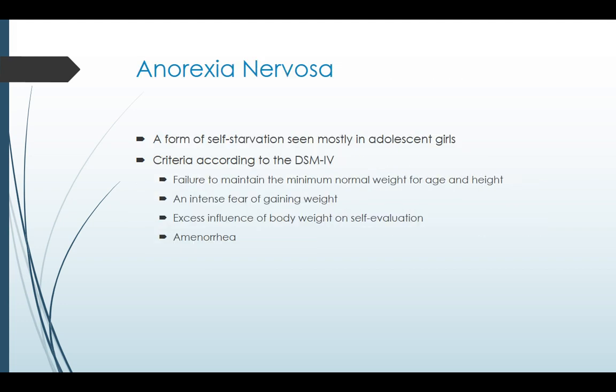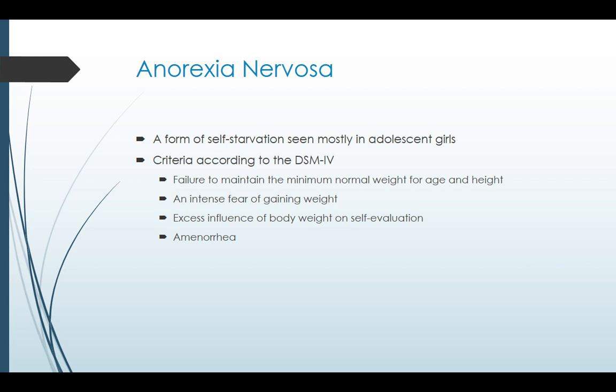we're almost done. Anorexia nervosa is a form of self-starvation seen mostly in adolescent girls. Criteria according to the DSM-4 is failure to maintain a minimum normal body weight for age and height, an intense fear of gaining weight, excessive influence of body weight on self-evaluation.